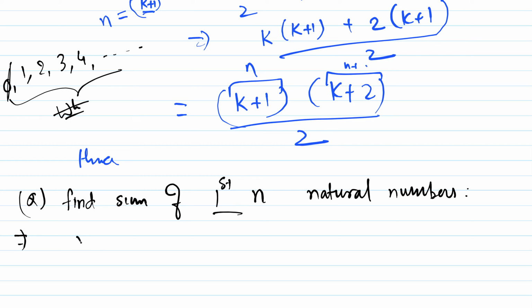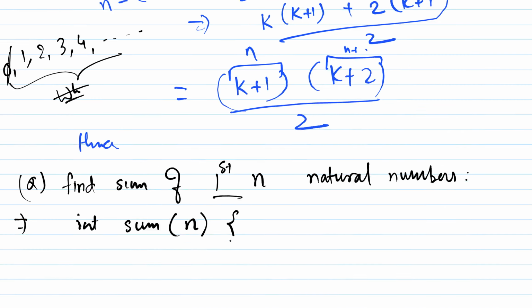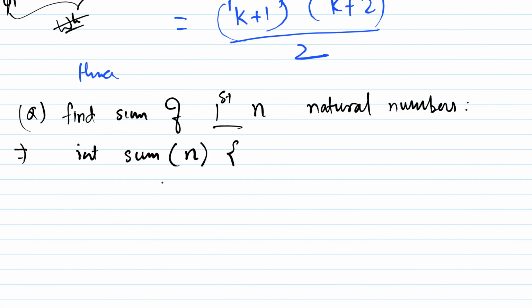So we can define one function. Let's say we are returning an int sum and the input variable is n, which is also an int. Let's think of the base case. If n equal to 1, this is the smallest natural number, what will be the sum?